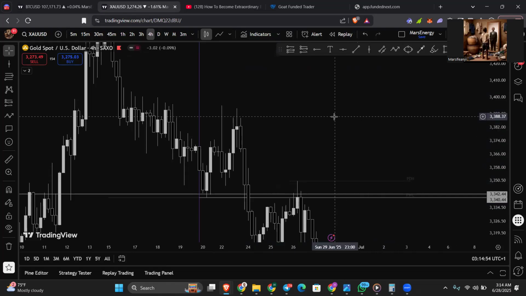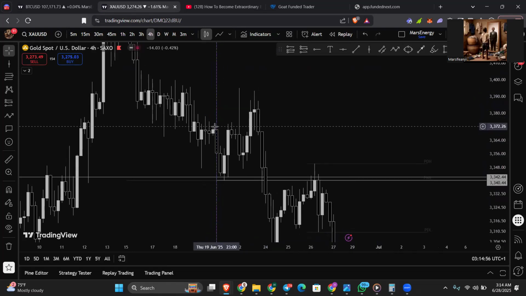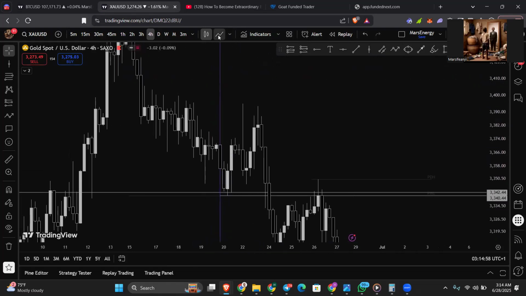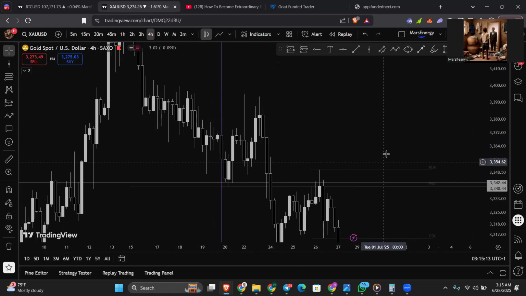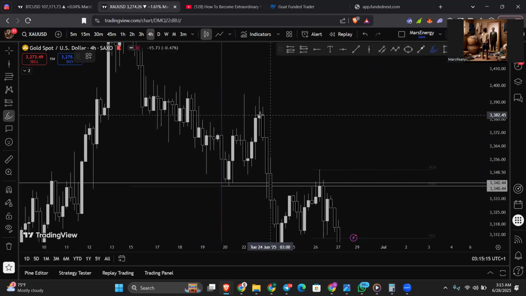So coming here, if you go to the line chart, the whole of this is Friday. This particular candle you are seeing here is a Sunday candle that opened the market.